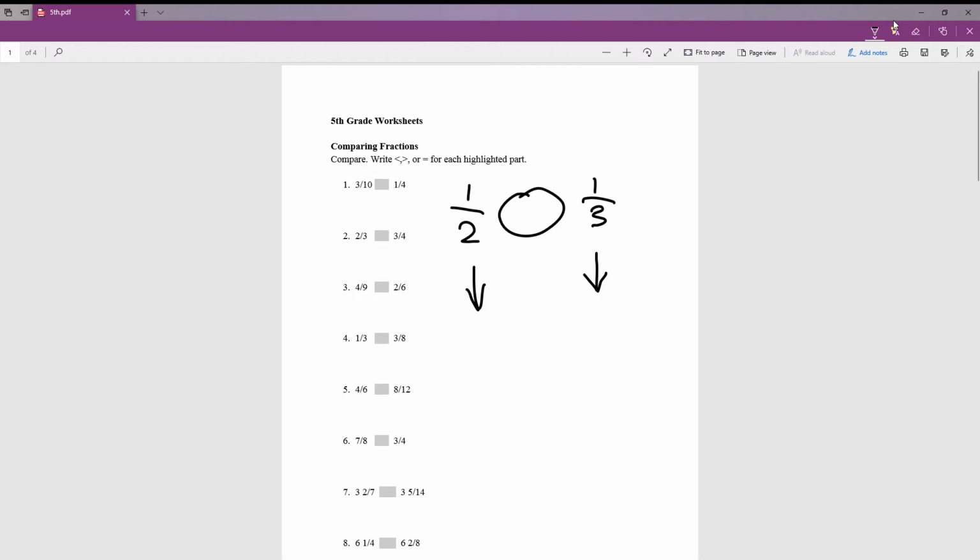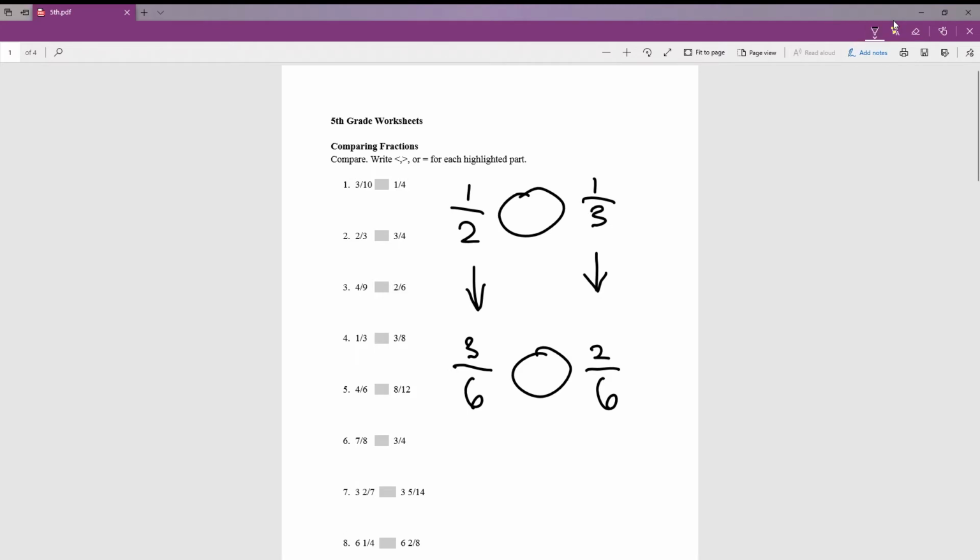So here we would have 3/6 compared to 2/6. Now we get to see which one is greater and which one is smaller. Because they both have the same denominator, all you have to look at is the numerator. And we can clearly see that 3/6 is greater than 2/6.